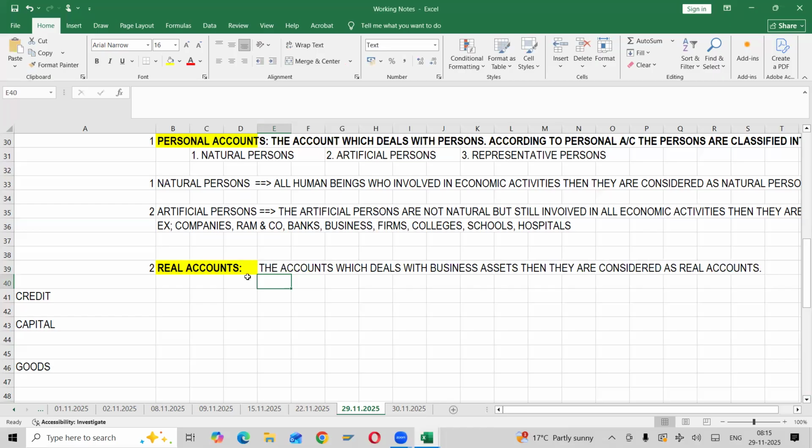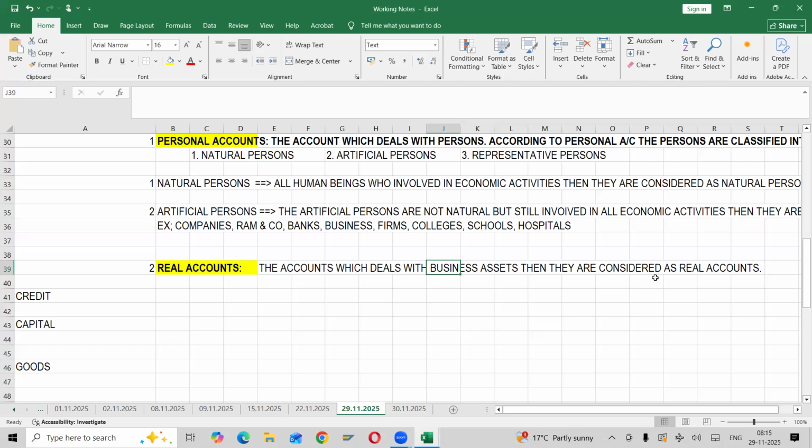Again, I'm saying business assets, not owner assets, right? The account which deals with business assets will be considered as a real account.